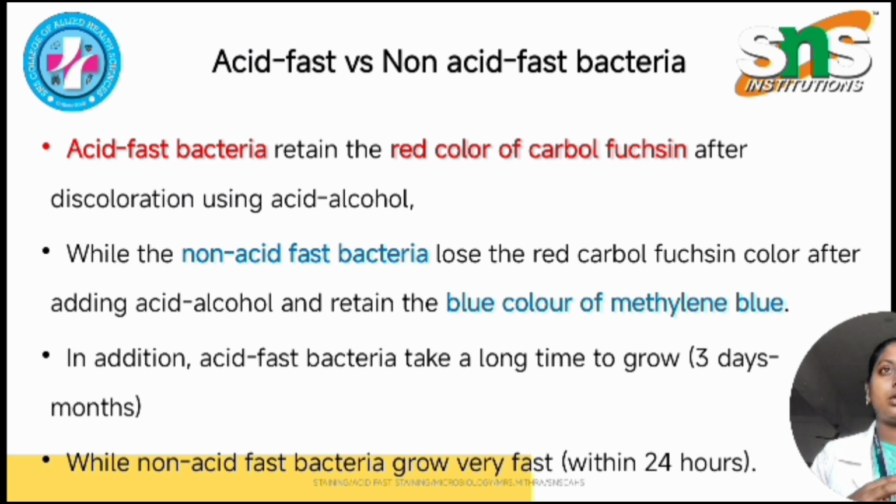It uses three reagents: Ziehl-Neelsen carbol fuchsin, acid alcohol and methylene blue. We have seen the principle, the procedure and the interpretation, and finally we have concluded the difference between acid-fast bacteria and non-acid-fast bacteria.